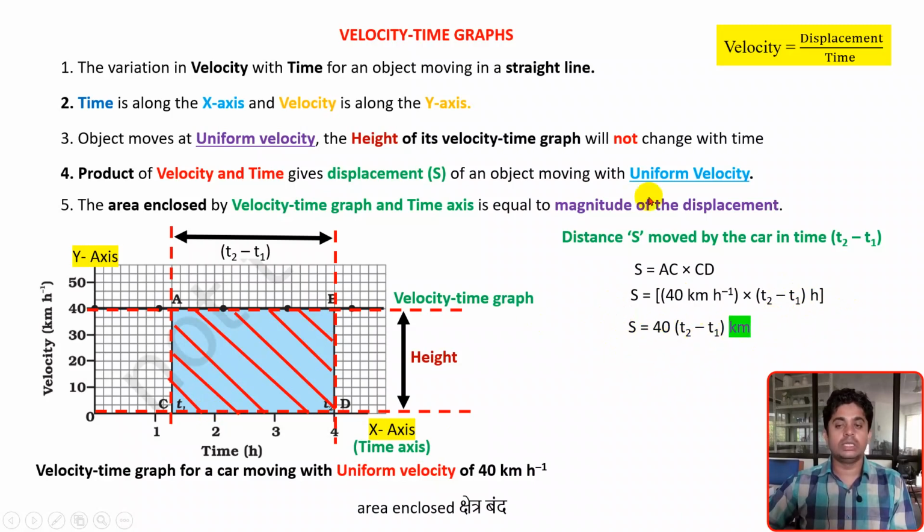This S is the magnitude of the displacement for the travel of the car in time t2 minus t1. So the area under this velocity time graph for the time t2 minus t1, the area of the rectangle ABDC, is nothing but the magnitude of the displacement.